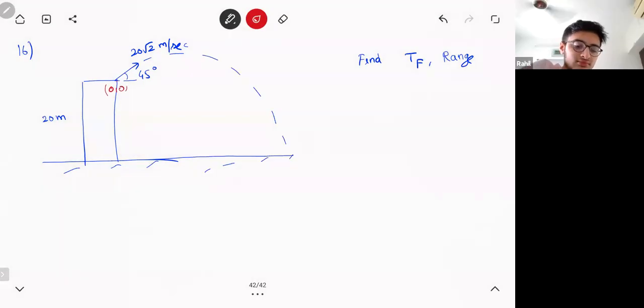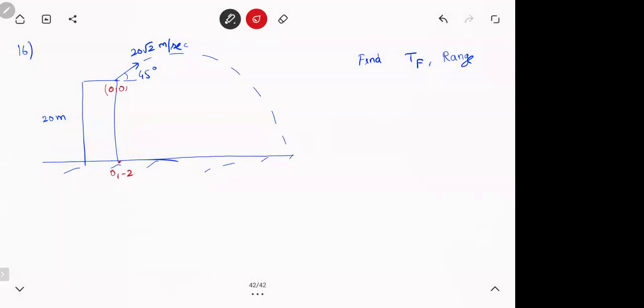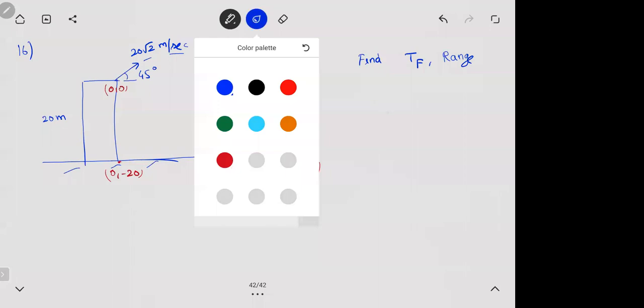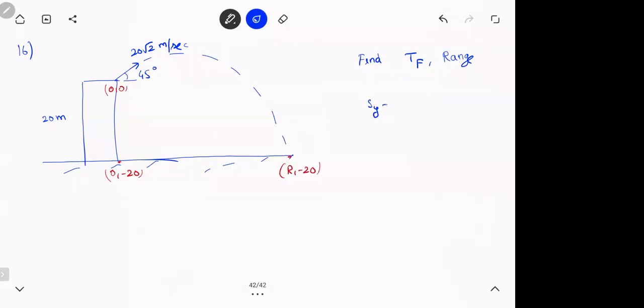Let me check. So this will be 0, minus 20. Check where I went wrong. This is range, minus 20. So your Sy is minus 20, vertical displacement. Uy is u sin theta, which is 20 root 2 sin 45. That's 20 meters per second.